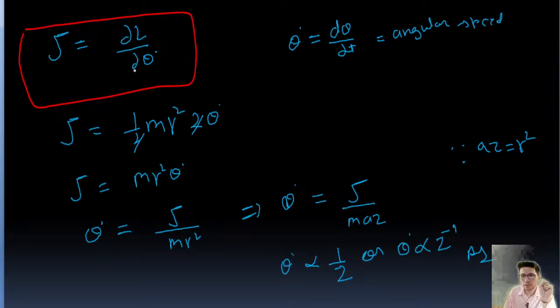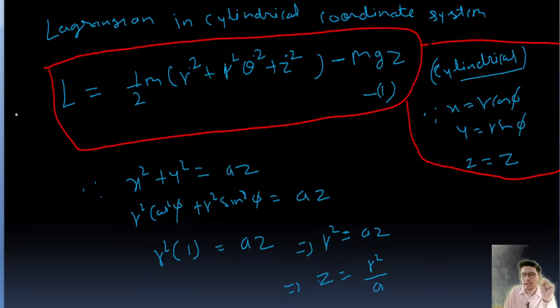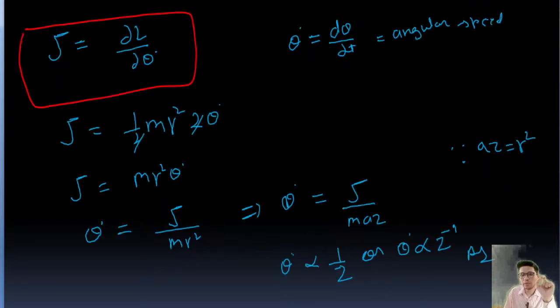You are given the inner surface equation of the paraboloid, from there you get the value of z and put it in the Lagrangian. Because theta is a cyclic coordinate, del L upon del theta equals 0, which implies J is del L upon del theta dot. We differentiate the Lagrangian with respect to theta dot and get theta dot, the angular speed.